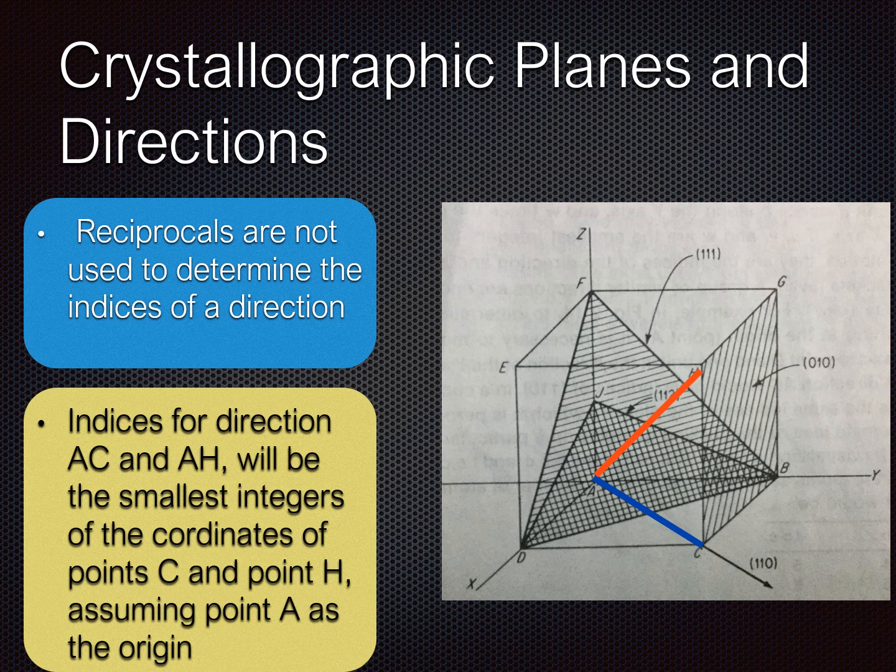That is, the plane is intersecting x-axis at 1, y-axis at 1 and is parallel to z-axis. The students are advised to find out the indices for the direction AH shown by the orange line.